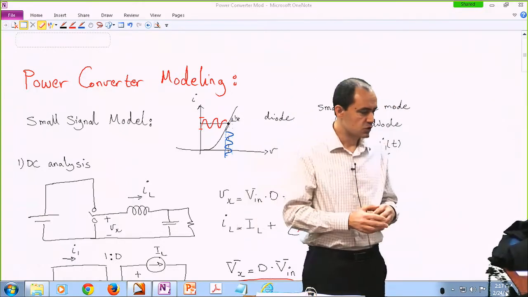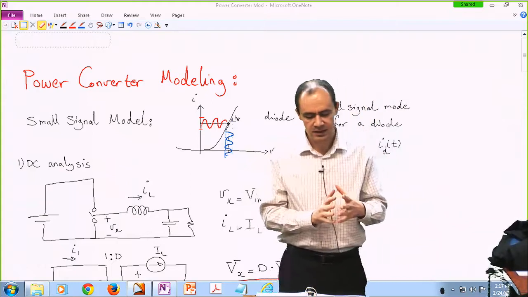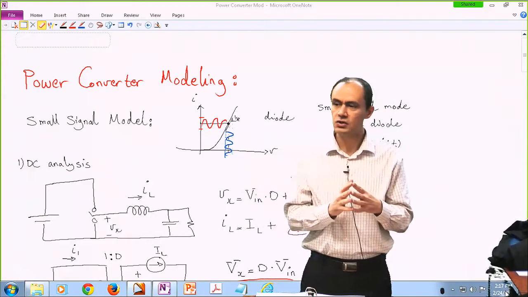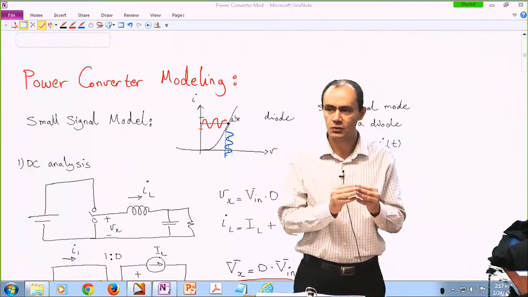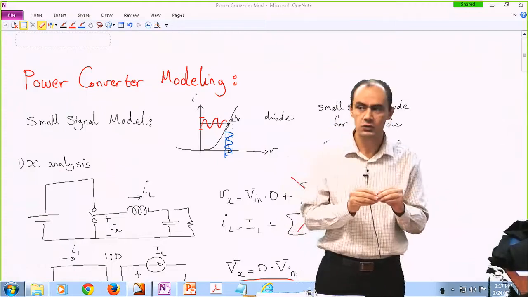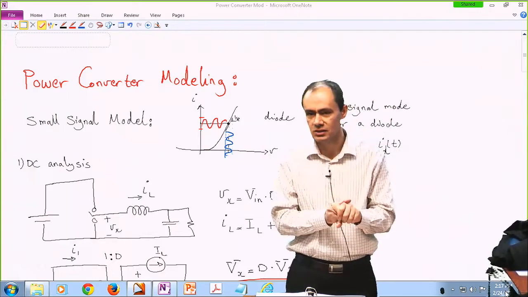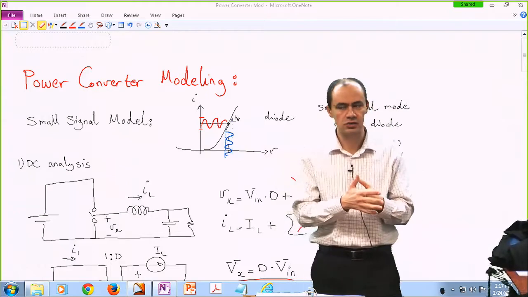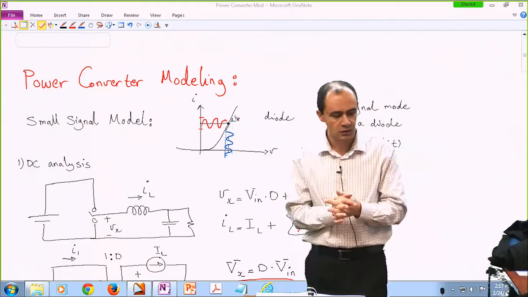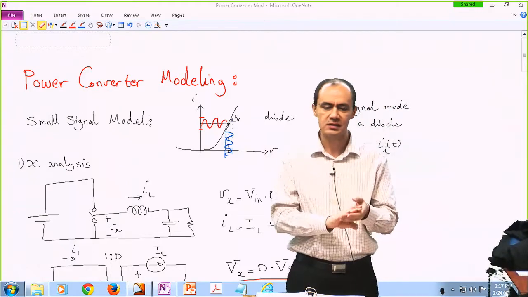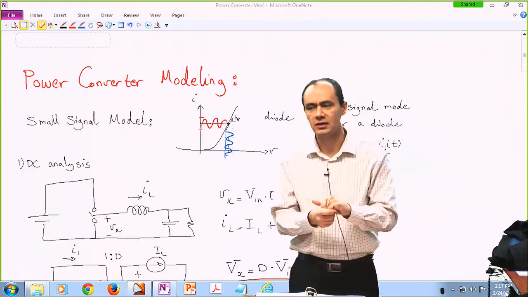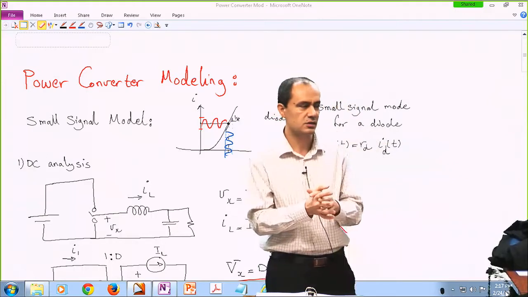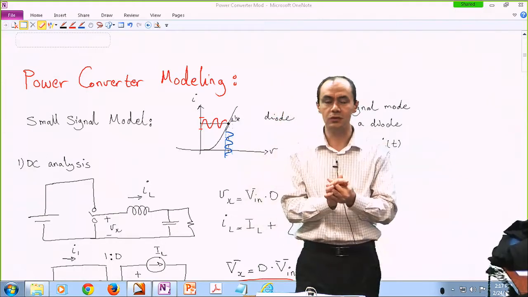All right. As we discussed last time, when we analyze or model a converter, first we do a DC analysis. This is to find out the operating point or the operating conditions of the converter. In other words, we will find out what is the DC value of the current passing through the inductor? What is the DC value or average value of the output voltage?